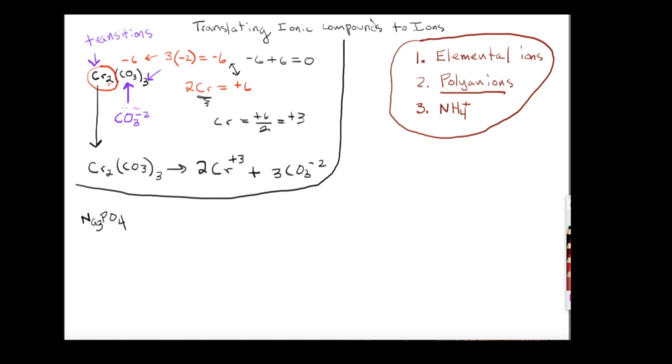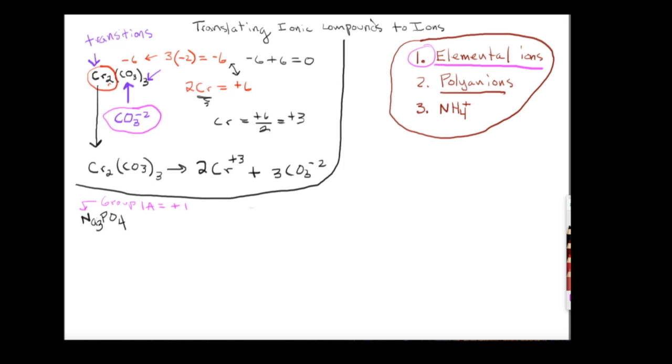We had to know the polyanion in order to sort it out. Here, you got two ways you can go with this. Number one, you should recognize that the Na is out of group 1A, and all group 1A cations are +1. And again, you should have that memorized from number one over here.